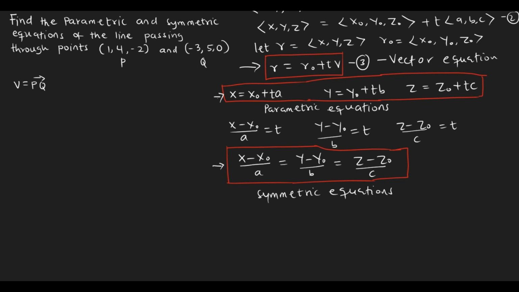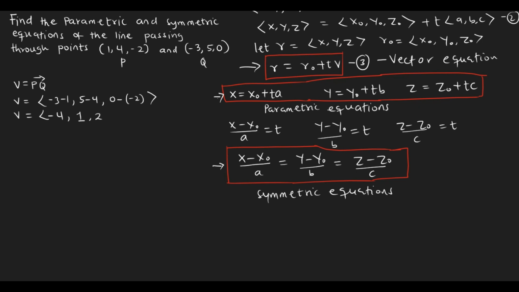To find V, I'm just going to subtract the components of P from those of Q. So we're going to have (-3 - 1, 5 - 4, 0 - 2).